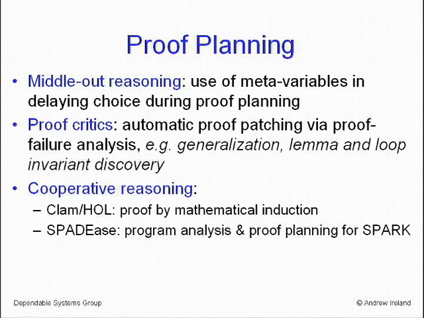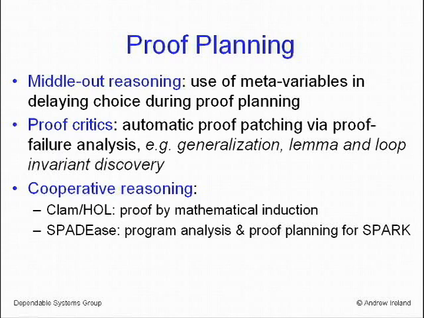So we have quite a lot of experience of using this mechanism in generalizing conjectures, coming up with lemmas, and also loop invariants from previous projects. In terms of cooperative reasoning, in previous projects Cambridge Hall was linked to the CLAM proof planner, and that was used to bring automatic search for mathematical induction proofs into the Hall system.